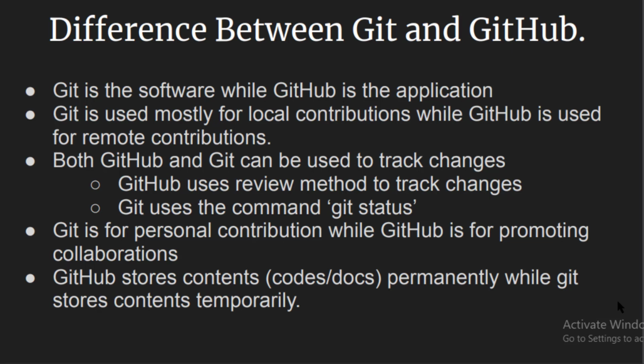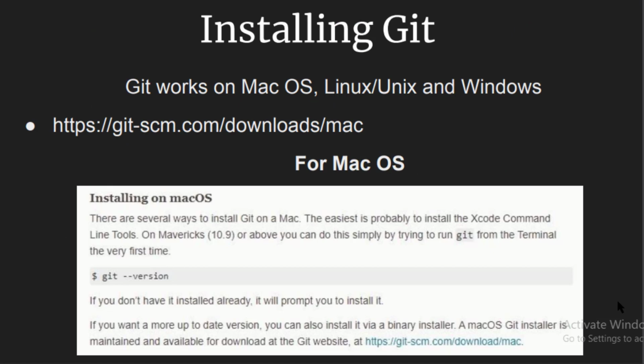So I move to the next section, installing Git. Git works on Mac operating system, Linux, or you can call it Unix, and also Windows. I dropped the link on how to install Git if you are using the Mac operating system, and I have an image that tells you some things, so you can go ahead and read that if you are yet to install Git on your computer.